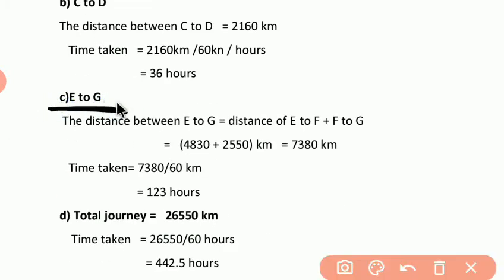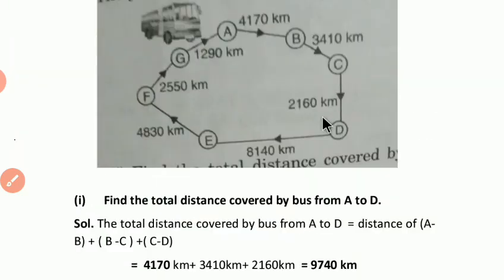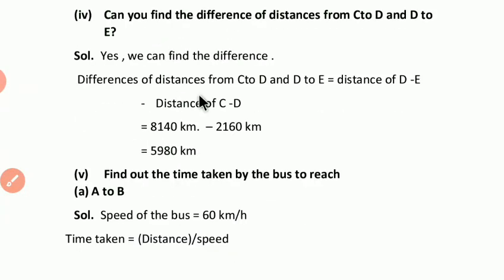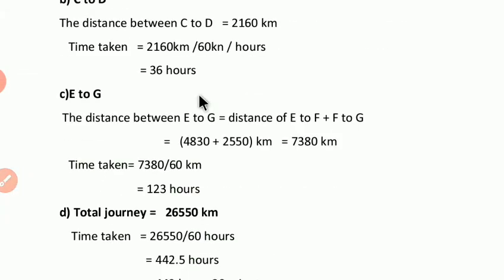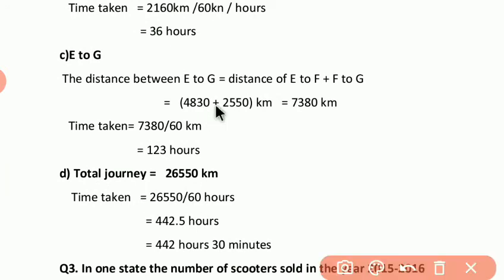Now see E to G. Same here, first we will see the distance between E to G. Already we have found the distance from E to G. So E to G we can find by first E to F, then F to G. E to F is given as 4830 km and F to G is 2550 km. So first we will add the distances. 4830 plus 2550 is equal to 7380 km.